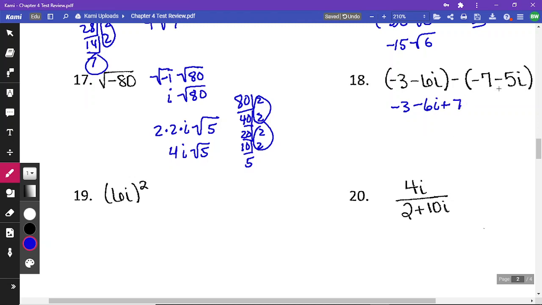And then minus negative 5i, that's plus 5i. So now we got negative 3 plus 7 is 4. Negative 6i plus 5i, negative i, and we're done. Okay, 4 minus i.